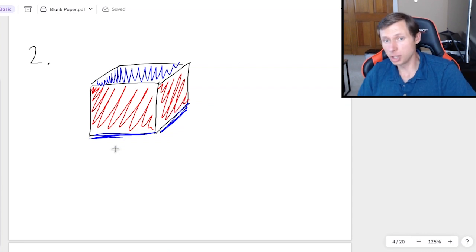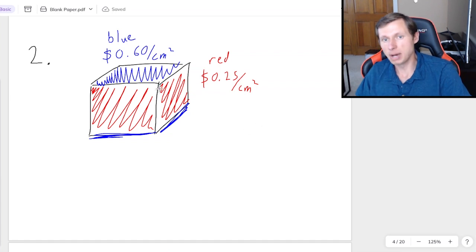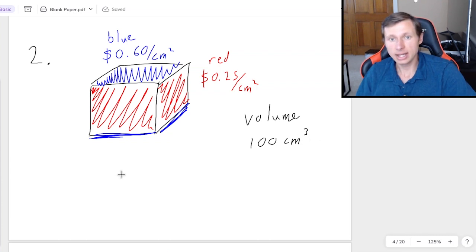Now, as we all know, red paint only costs 25 cents per centimeter squared, but blue paint is more expensive. You know, it's harder to get those color pigments, and it turns out that's going to be 60 cents per centimeter squared.